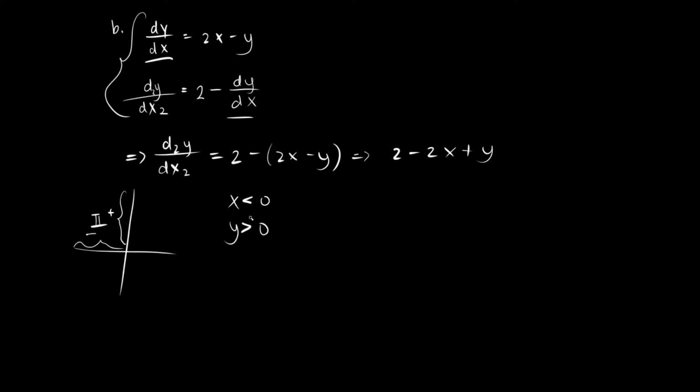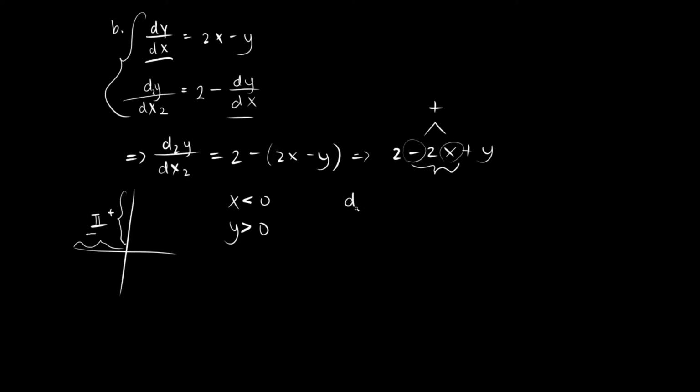Now if x is always negative, then that means this term here is always positive, because a negative times your negative x becomes positive. 2 is never going to become negative because it's a positive real number. And the plus y, you're always adding another positive number. So this entire expression will always be positive.